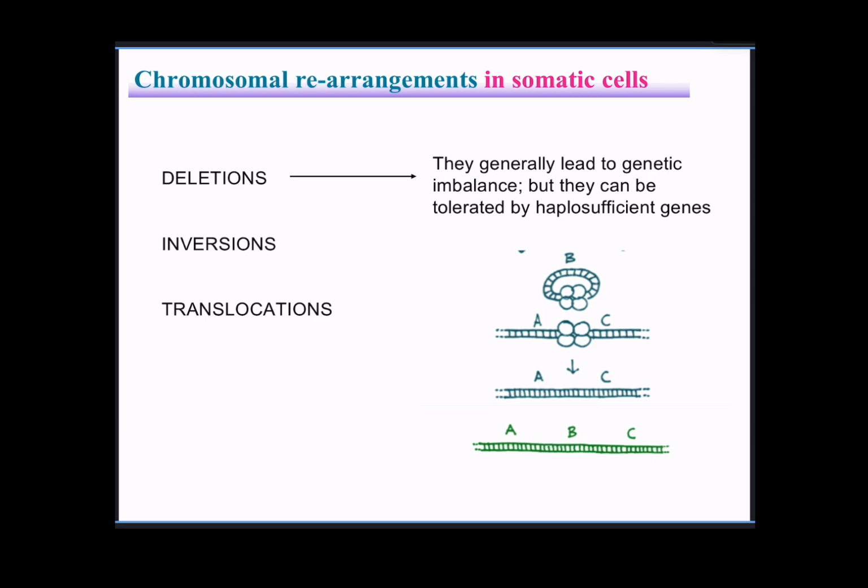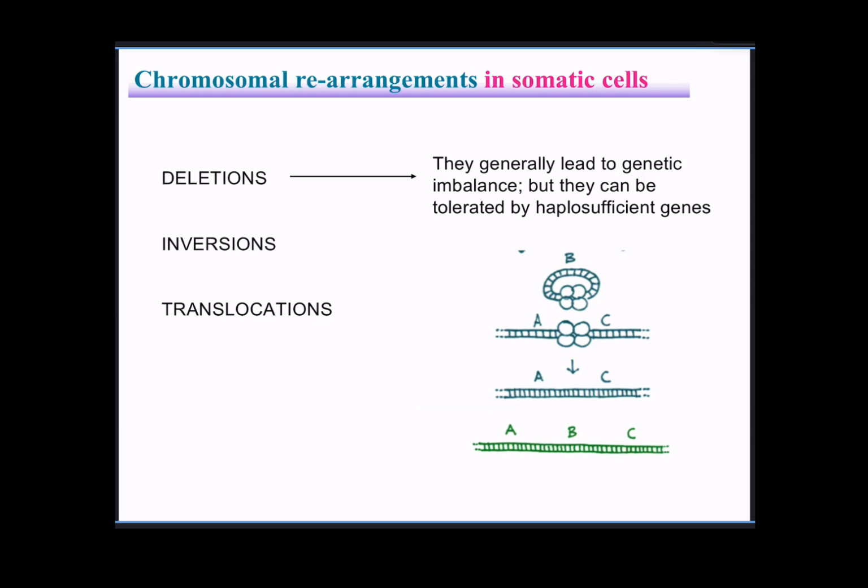Many genetic imbalances are tolerated by somatic cells, especially if the deletion affected what we call a haplosufficient gene, meaning a gene for which half the dose is enough. So haplo means a half, and sufficient means that it's enough. So haplosufficient genes are those for which half a dose of the gene is fine. So if there's a deletion affecting one of those, cells won't even notice.